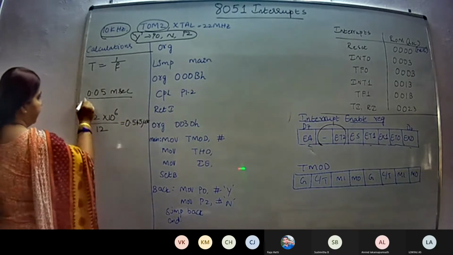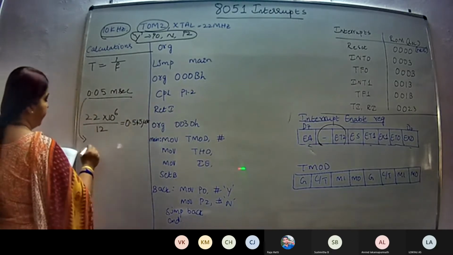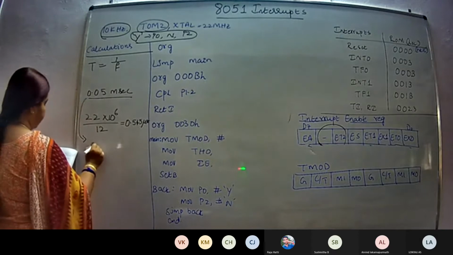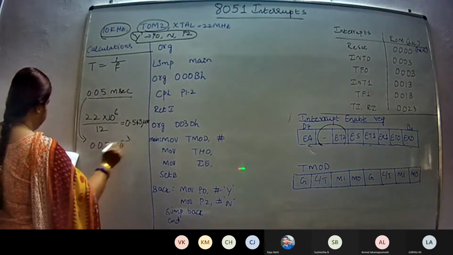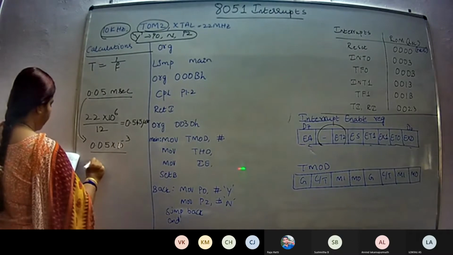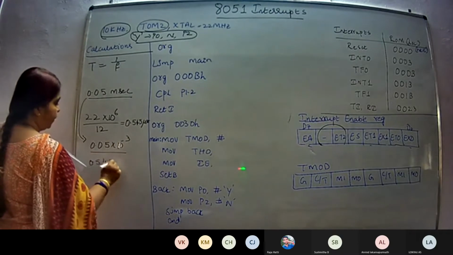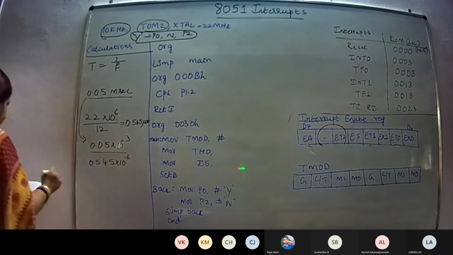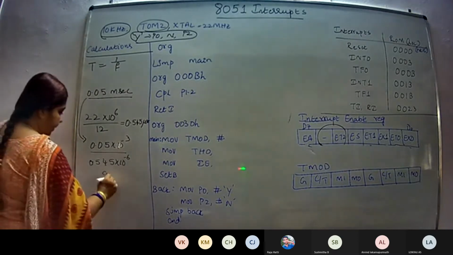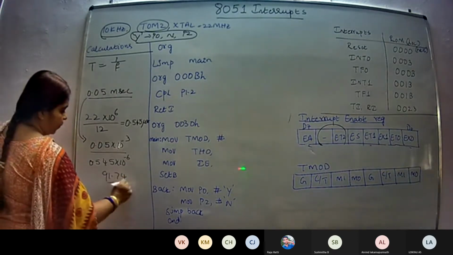Next, whatever we got should be divided by 0.545. So 0.05 into 10 power minus 3 divided by 0.545 into 10 power minus 6. So you will get the clocks, nearly equal to 91.74.